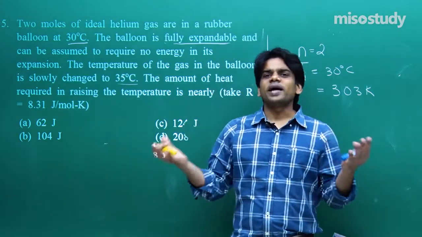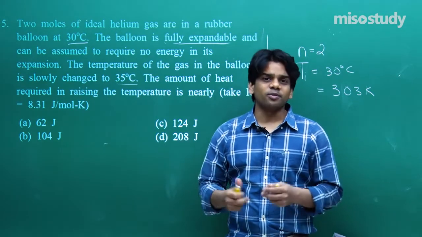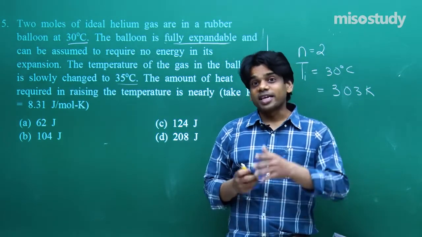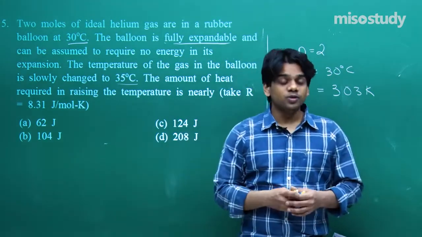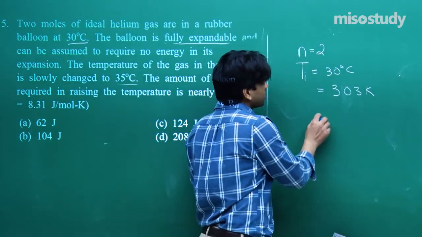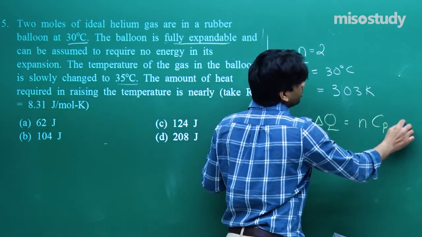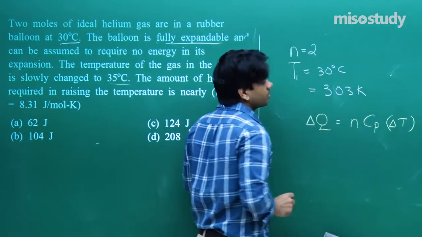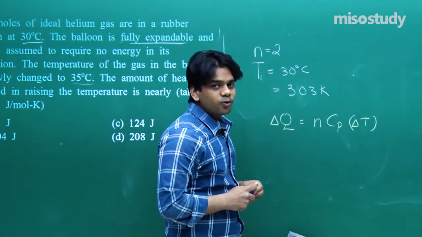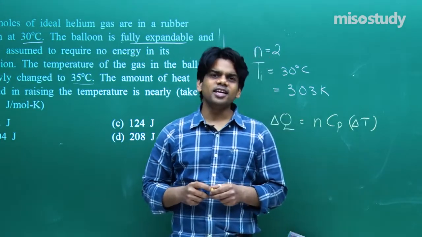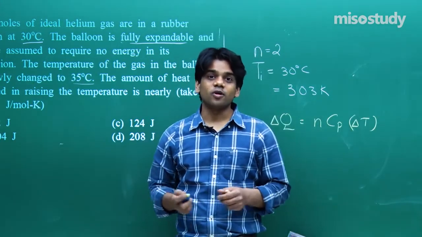It is freely expandable. That means pressure will remain constant. That means it's a gas that is actually expanding. We can use the amount of heat energy supplied, delta Q, which can be taken as n Cp delta T. This is what we can use in this case. It's a helium gas, that is what we are discussing here.